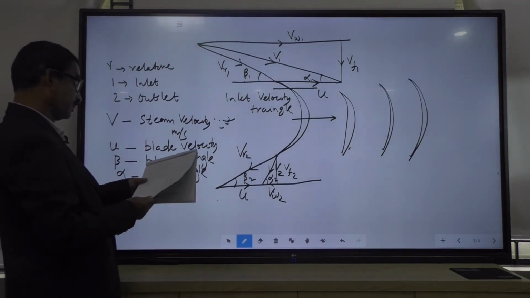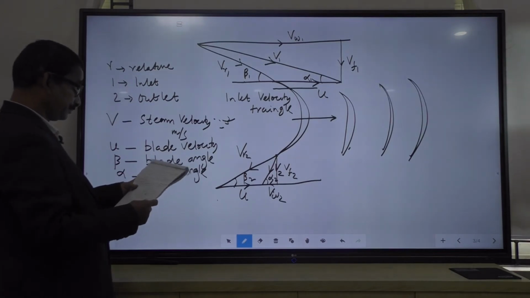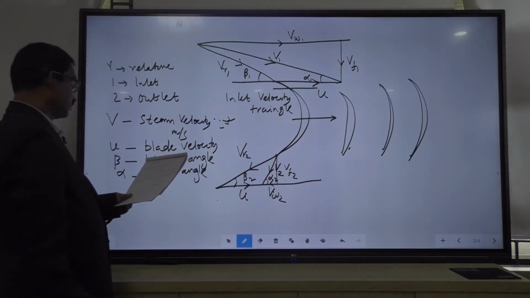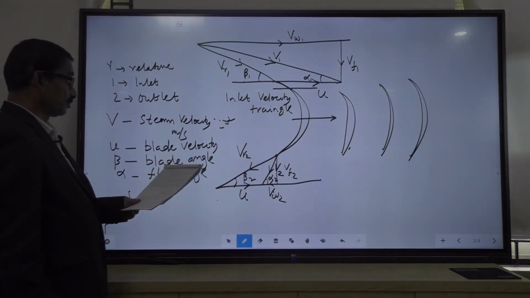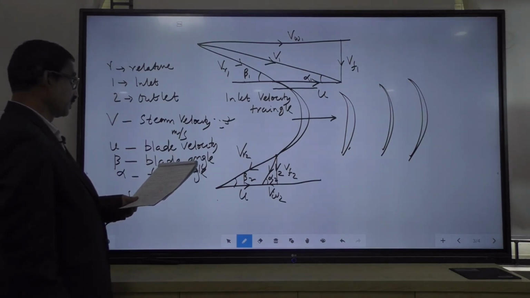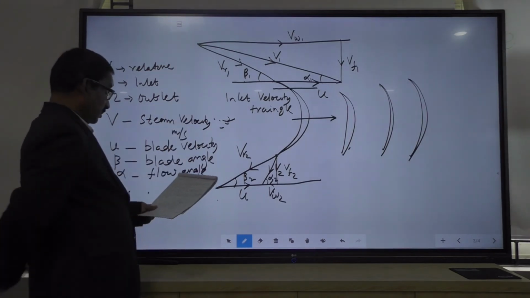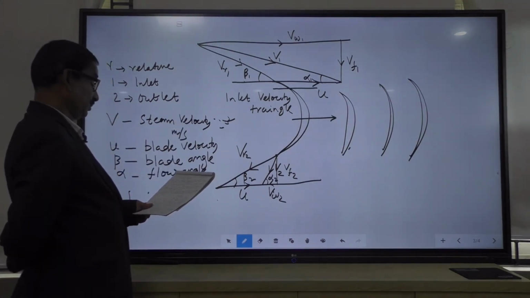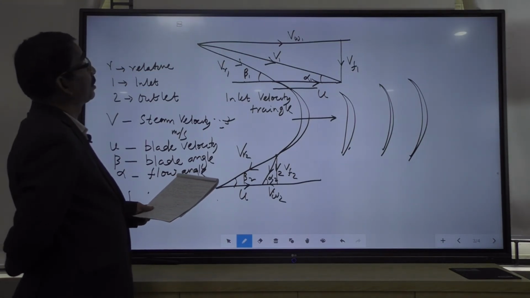You have to remember that the steam coming out of the nozzles at velocity V1 falls with relative velocity Vr1 on the blade, which moves with linear velocity, which I have already told.